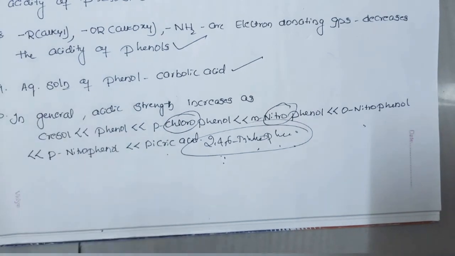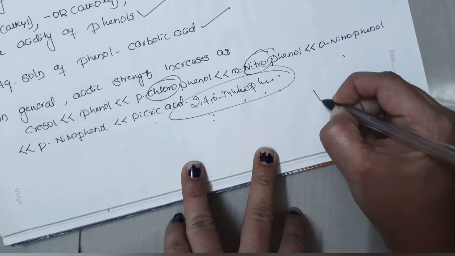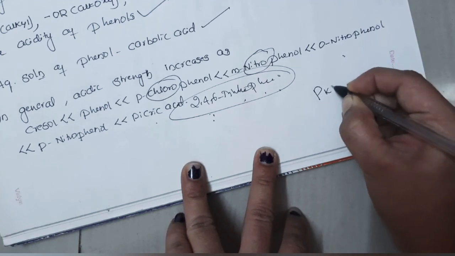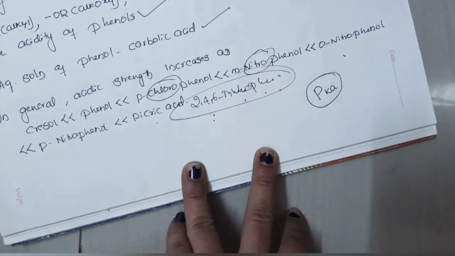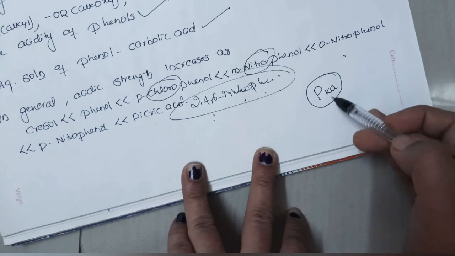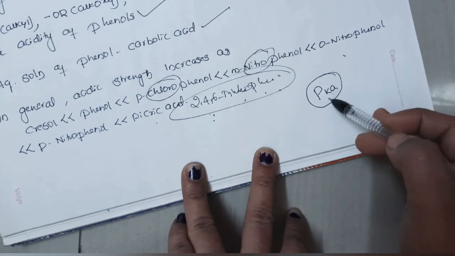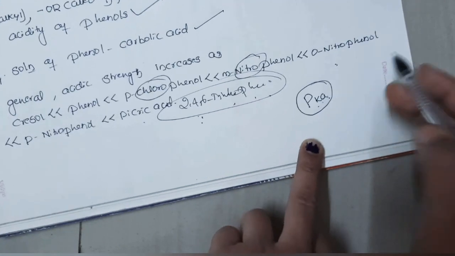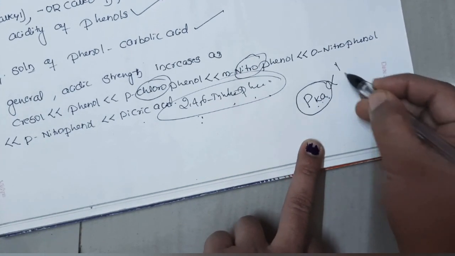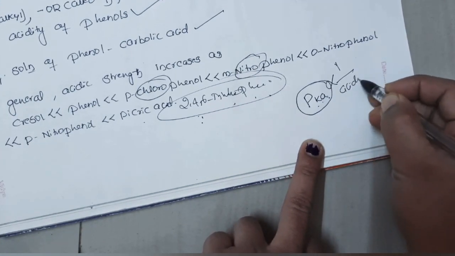Why? Because it consists of three electron withdrawing groups. As the electron withdrawing groups increase, obviously the acidic nature also increases. That's one point. Another point: you can also explain the acidic nature by considering the pKa value, that is, the negative log of the dissociation constant of an acid. How is it related? It is inversely proportional to the acidic nature.